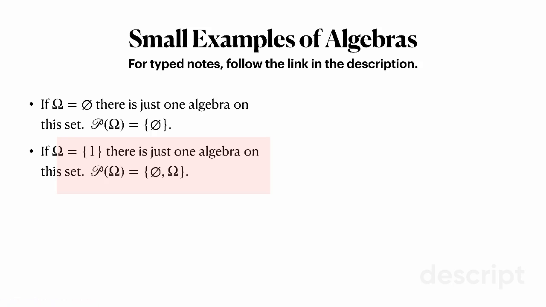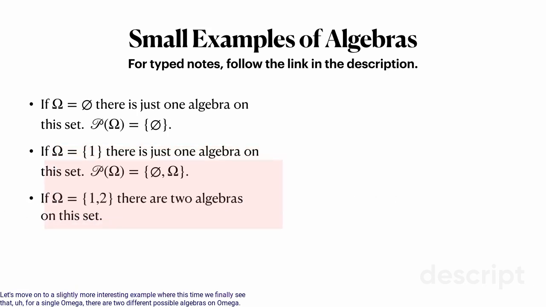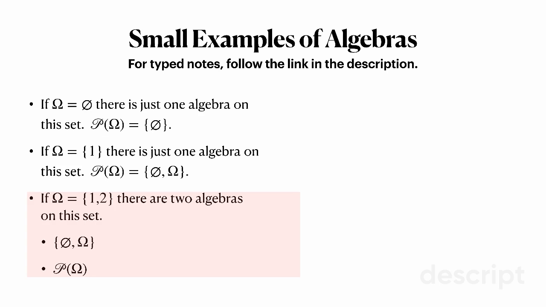Okay. Let's move on to a slightly more interesting example, where this time we finally see that for a single omega, there are two different possible algebras on omega. One of them consists of just the empty set and omega. We've already run through a demonstration that that is an algebra, and the demonstration this time is no different.